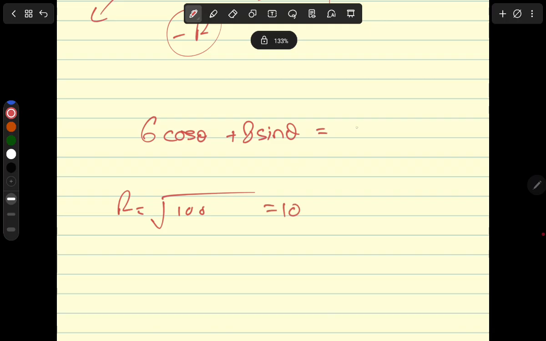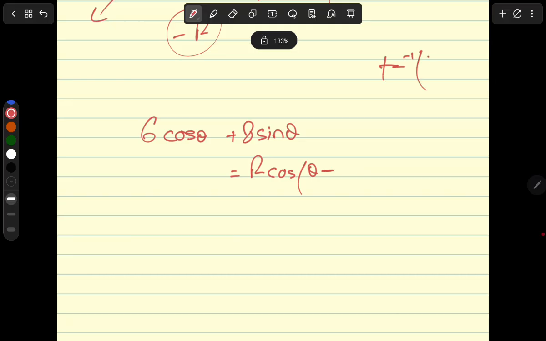So I can rewrite it as either. Now see how I can rewrite this. This can either be rewritten as r cos(theta minus alpha), where alpha is tan inverse of 8 over 6, so tan inverse of 4 over 3, whatever that is. Let me say that this is p.